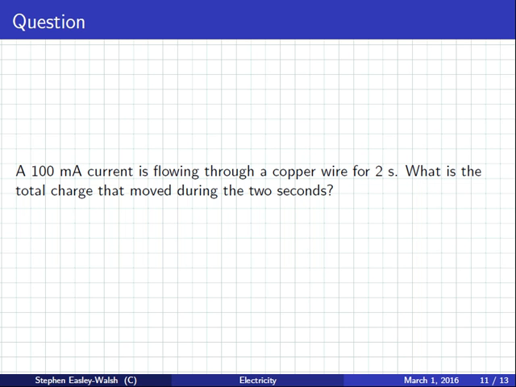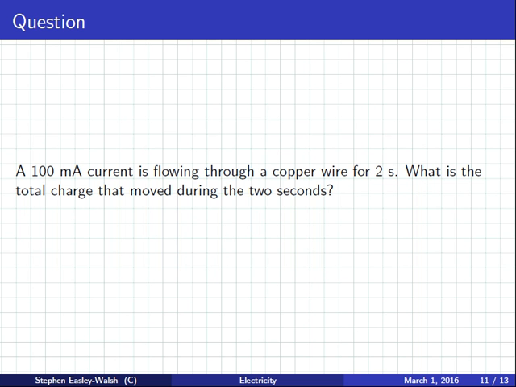What's the answer? 0.2. What's the unit? Coulombs. Or in other words, 200 millicoulombs. So the answer is 200 millicoulombs. Is that okay?